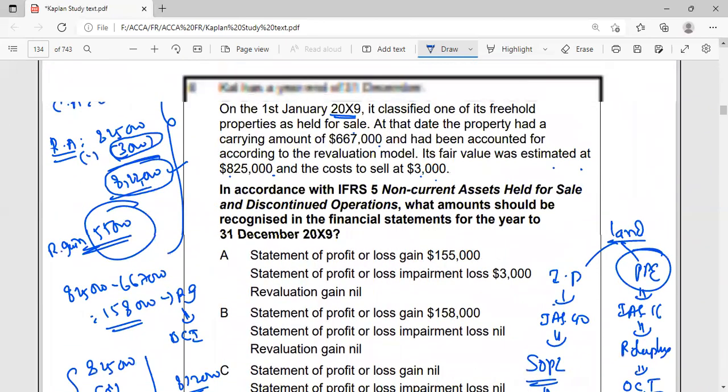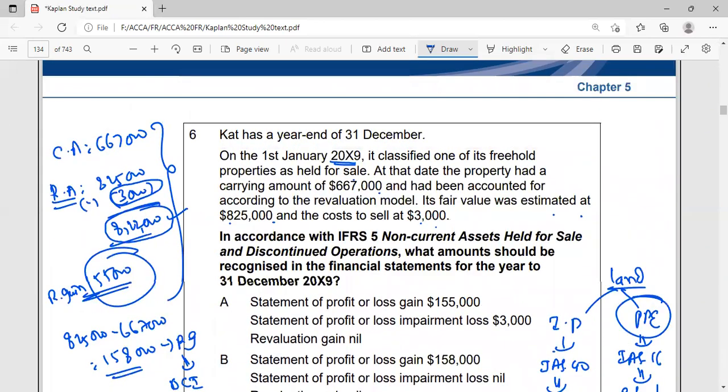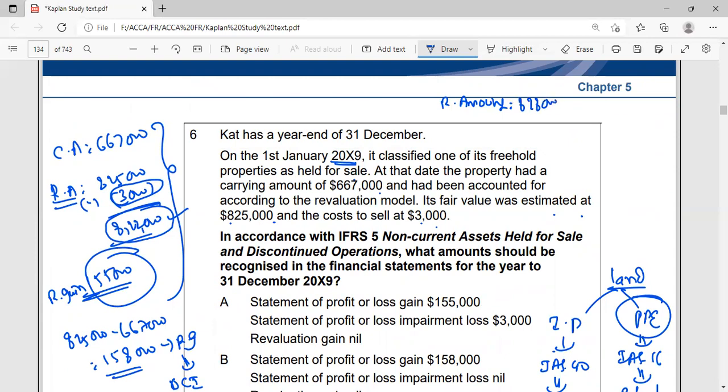Okay, now listen carefully. Revalued amount 8,25,000 less carrying amount 6,67,000. So the revaluation surplus transferred to other comprehensive income is 1,58,000. This is the first one, other comprehensive income. Next, at what price do we show it?